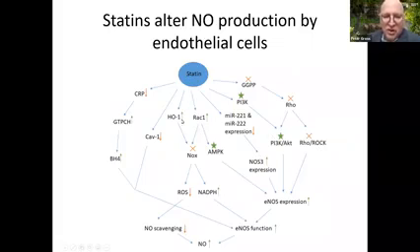But there are also other changes in the lipid composition that will change an endothelial cell, and microRNA expression that may be direct or indirect that can increase eNOS expression. So it's quite complicated, and there are a number of different mechanisms.